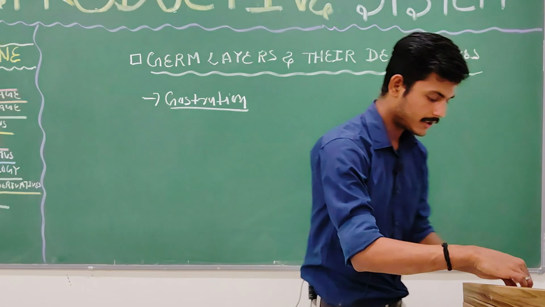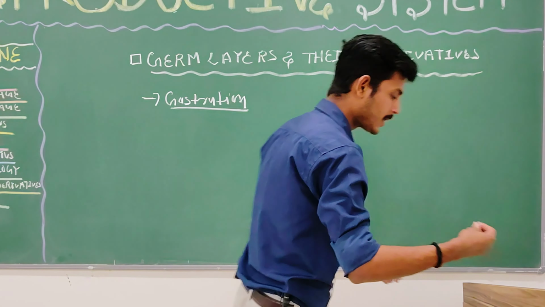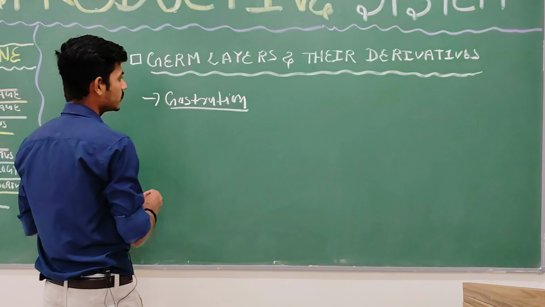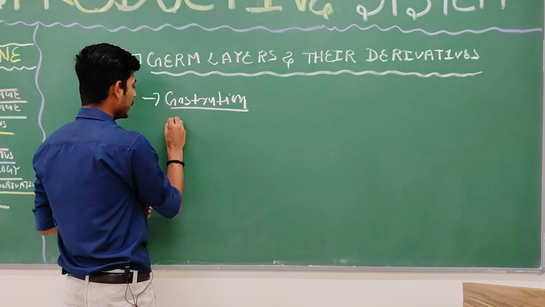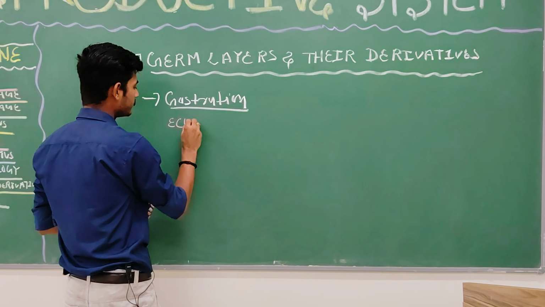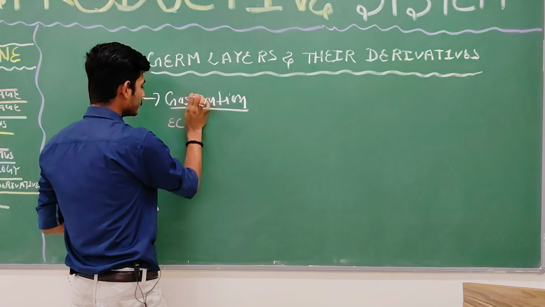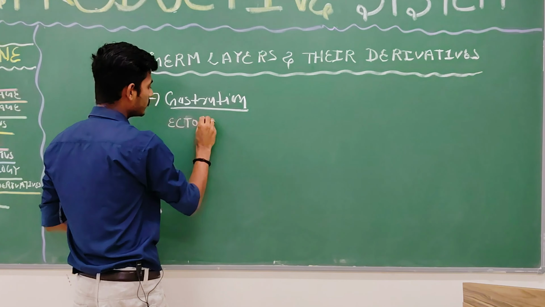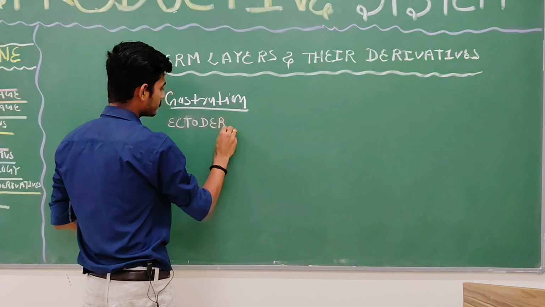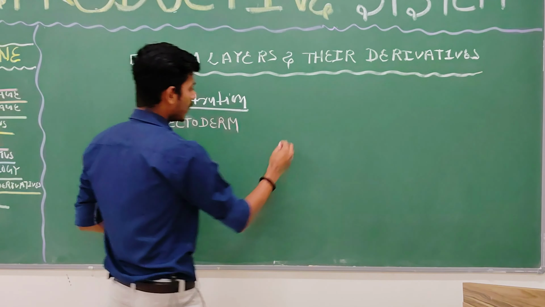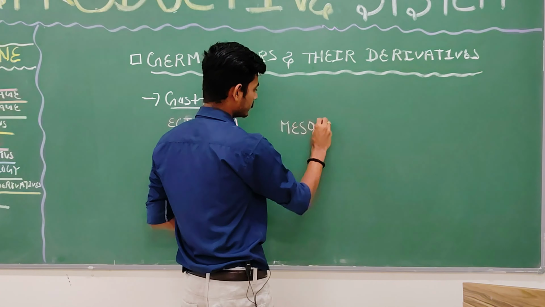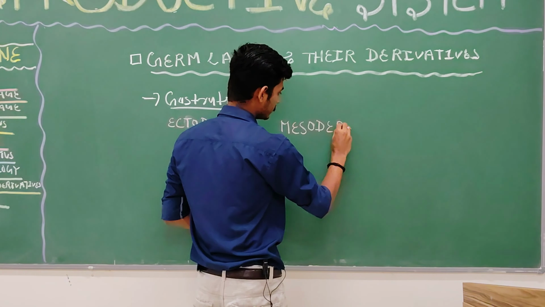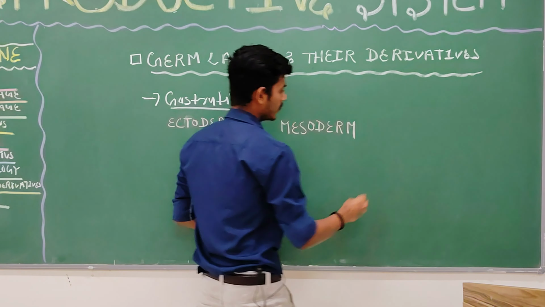You should write down the names of the germ layers, starting from outer to inner. The outer layer is called the ectoderm. The middle layer is the mesoderm.